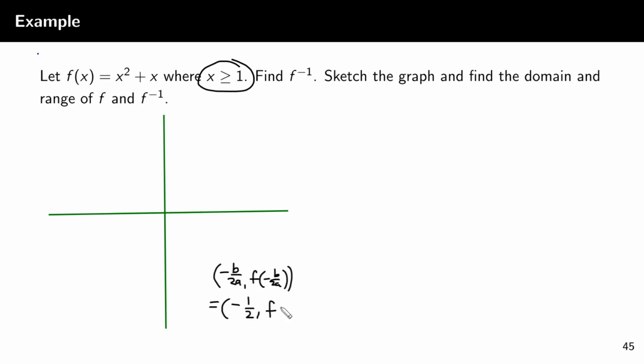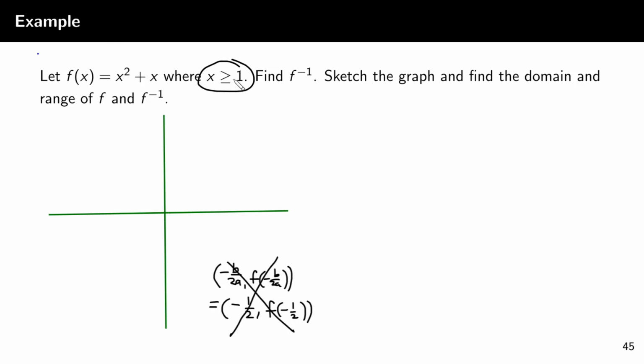So, we have f of negative 1 half. Okay. Now, yung x natin ay restricted sa x greater than or equal to 1. So, unfortunately, or fortunately, depending on how you look at this, yung vertex natin hindi siya part ng graph. Okay. So, ang gagawin natin, let's just pick 2 points and then connect them.